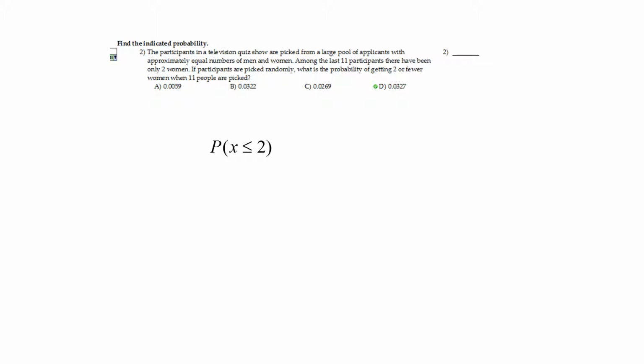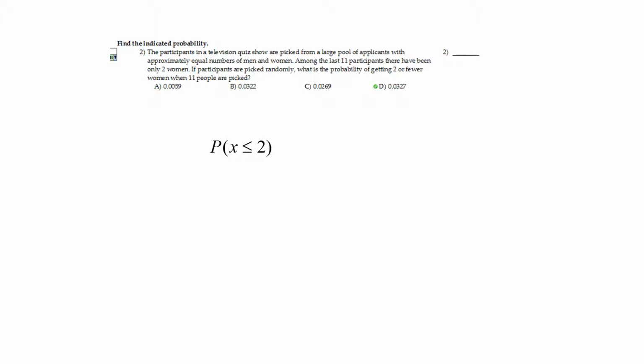If participants are picked randomly, what is the probability of getting 2 or fewer women when 11 people are picked? We have to find the probability that X is less than or equal to 2. When you have a cumulative amount, you have to use the binomial CDF.